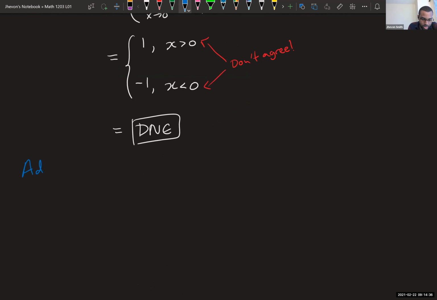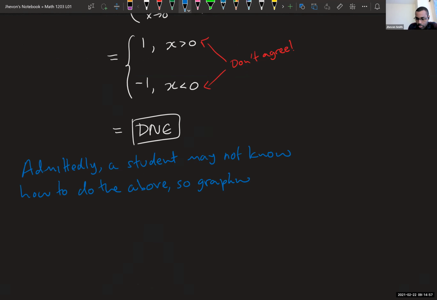Admittedly, a student may not know how to do the above. So graphing is probably more intuitive here.